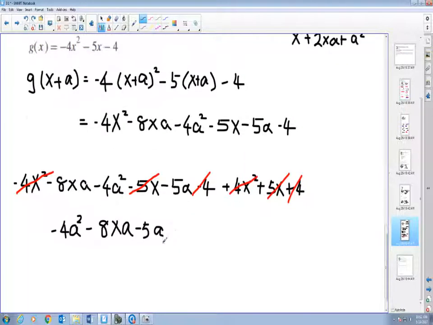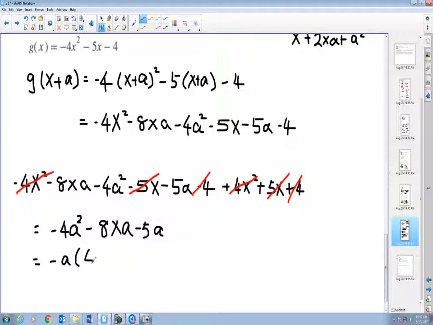Okay, and if I want to go a step further to simplify this, I can say, well, since every term is negative, I can factor out a negative. Since every term has a, I can factor out an a. Okay, because this stuff is actually going to be used for another problem here in a minute.